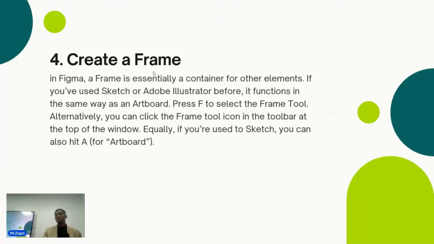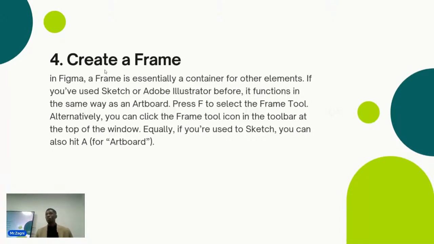Have you seen it as selected, right? Yes, sir. Okay, F to select the frame tool on your keyboard. Then you can click the frame tool icon in the toolbar at the top of the window. So click and just create a frame.